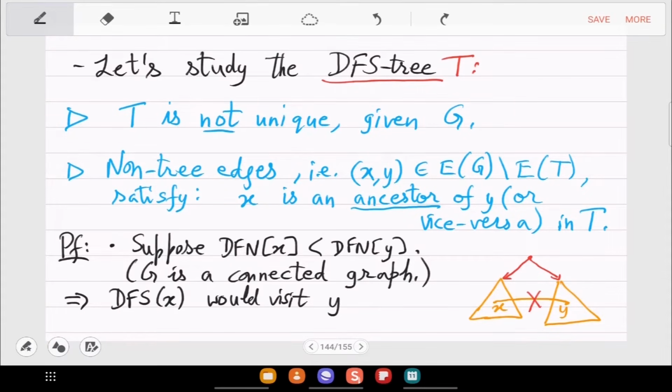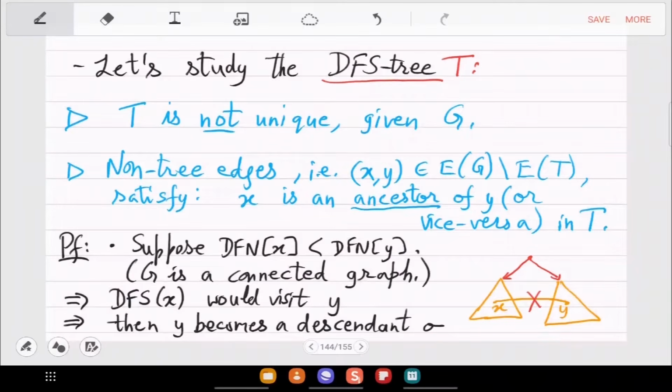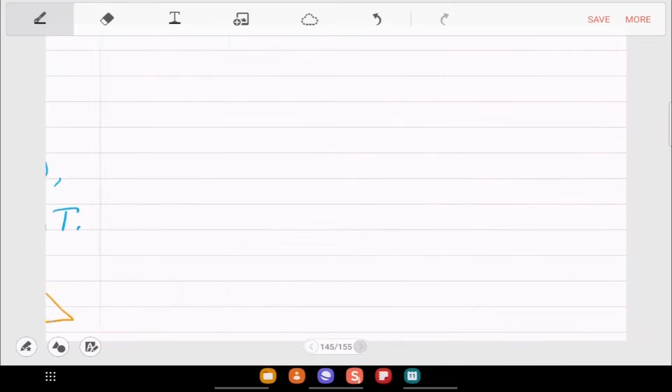So just because of this, what you learn is that Y is a descendant of X in the tree T.